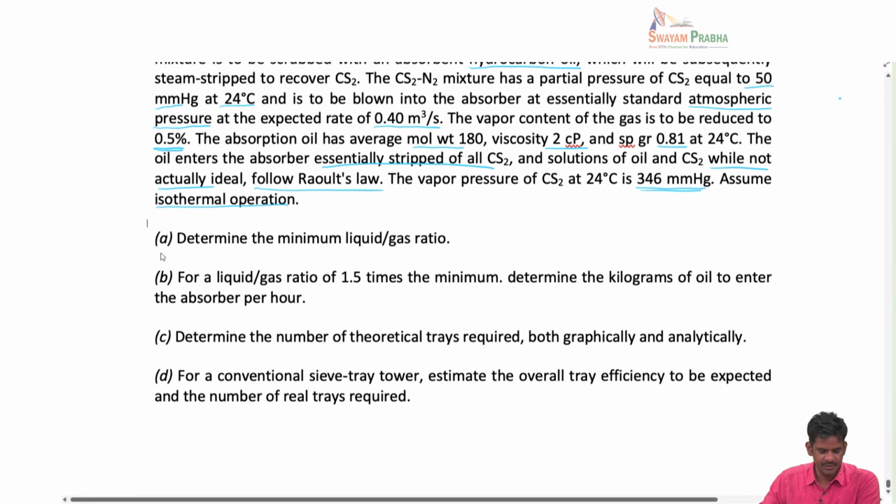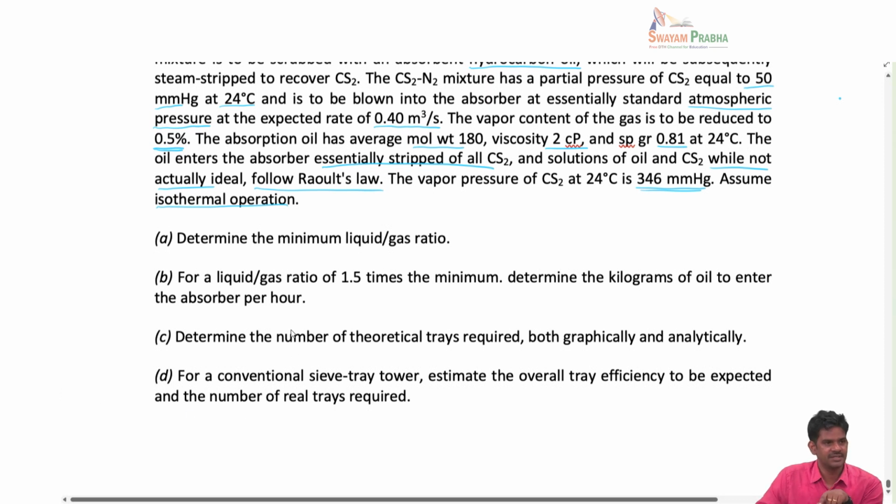So this pretty much defines the entire problem, and there are a set of questions to be answered. For example, we want to determine the minimum liquid to gas ratio. For a liquid to gas ratio of 1.5 times the minimum, determine the kilogram of oil to enter the absorber per hour. Determine the number of theoretical trays required both graphically and analytically. And finally, for a conventional sieve tray tower, estimate the overall efficiency to be expected and the number of real trays required.